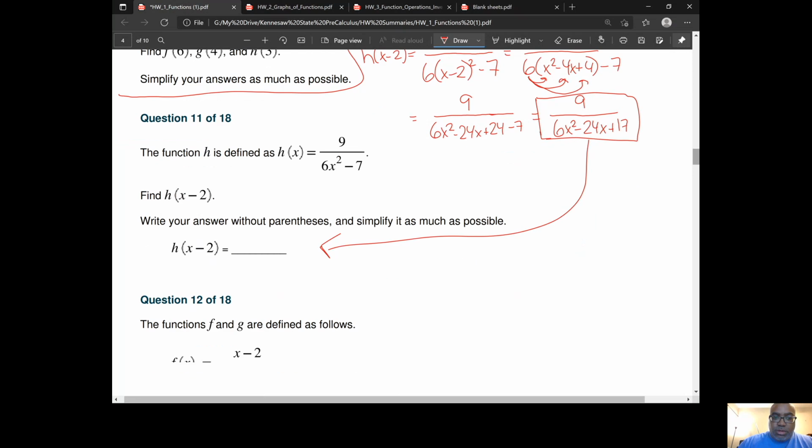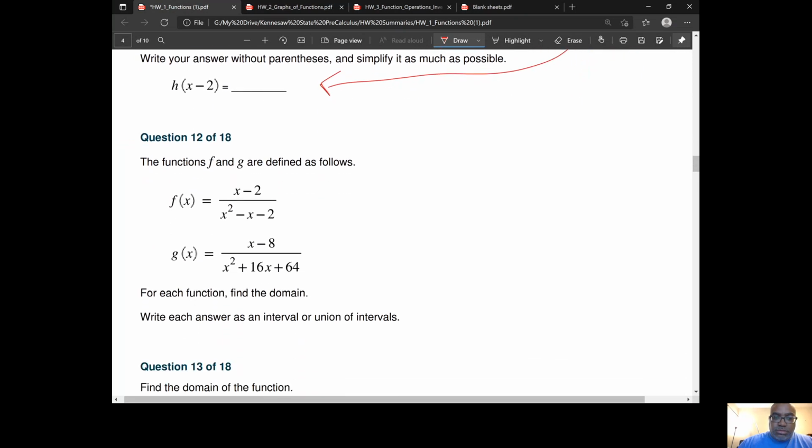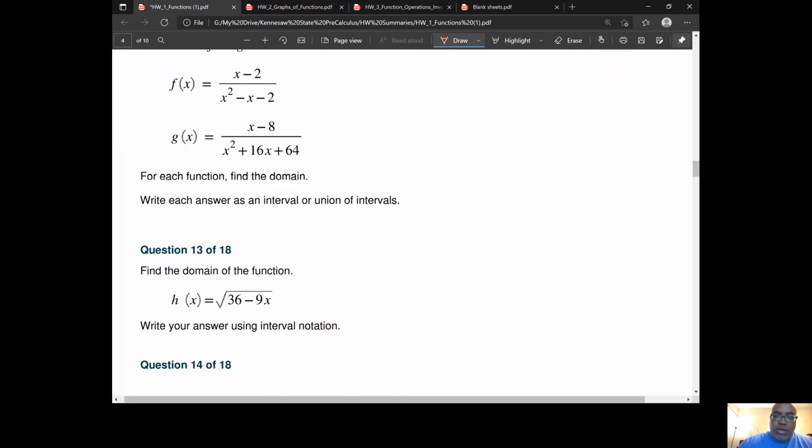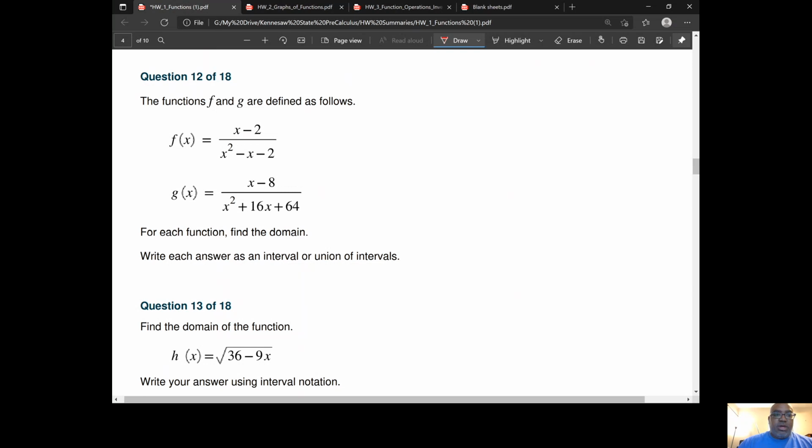Okay. All right, here are the functions. F and G are defined as that. For each function, find the domain and write each answer as an interval or a union of intervals. So the first step, whenever you have a function like this, called a rational function, is always to factor everything. And I know you're like, why are you so emphatic about this?